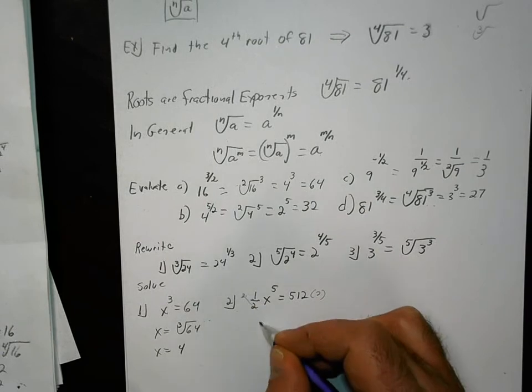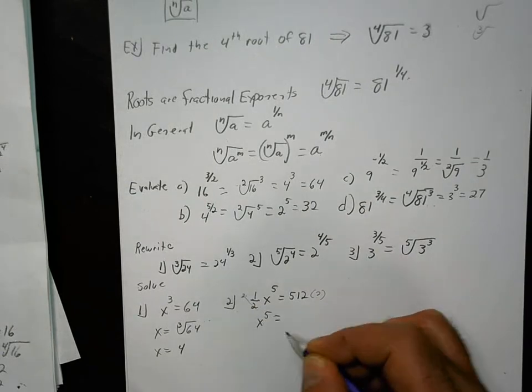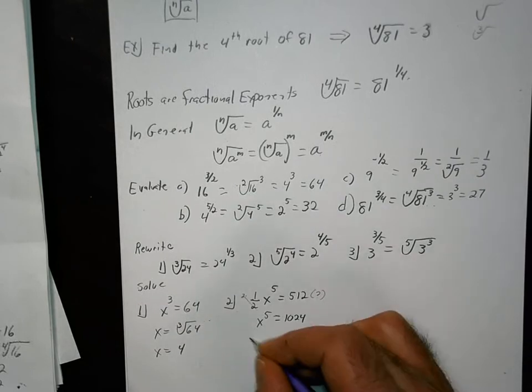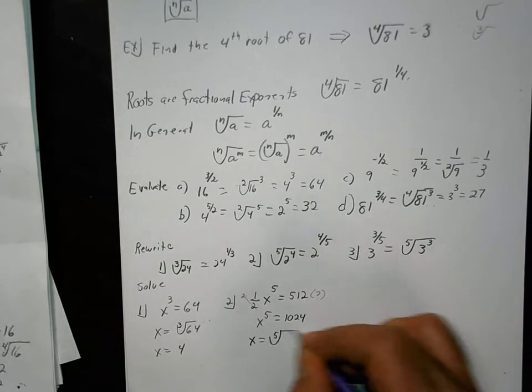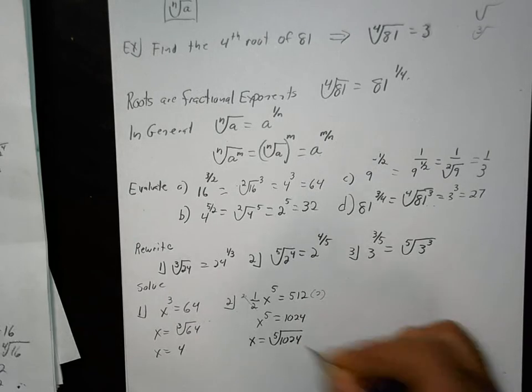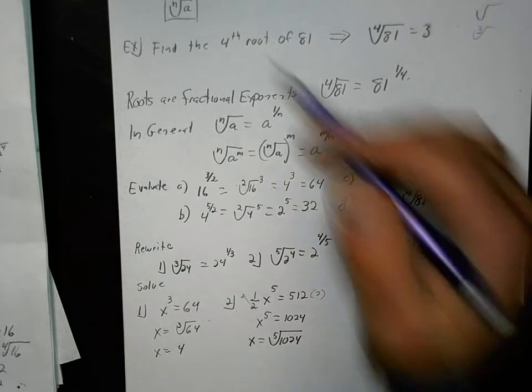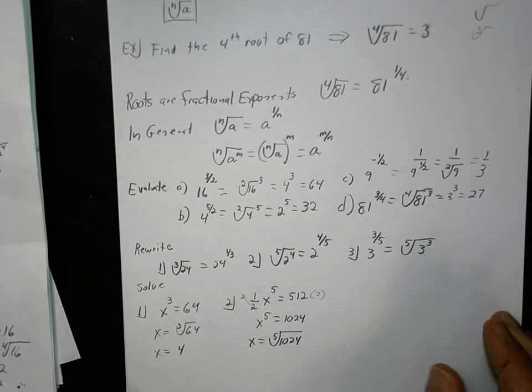That's going to get rid of that, so I'm going to get x to the 5th equals 1024. Take the 5th root. The 5th root of 1024 is my solution. Not sure if that comes out. You could actually figure that out on your calculator by using your nth root button.